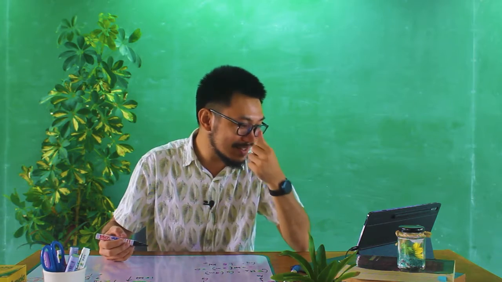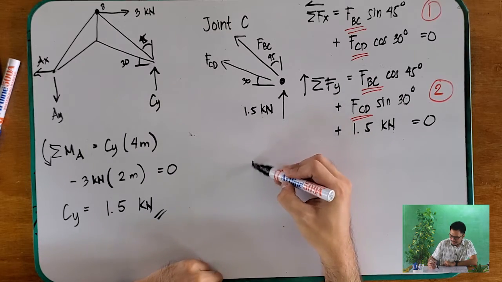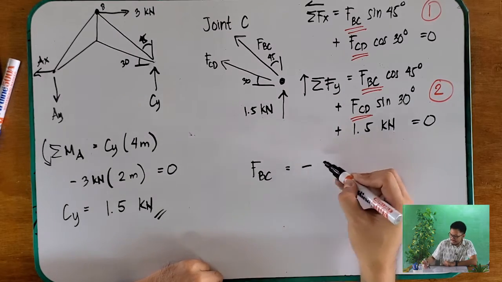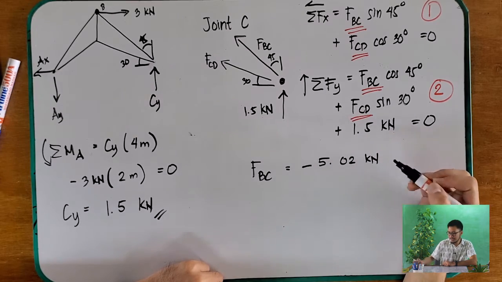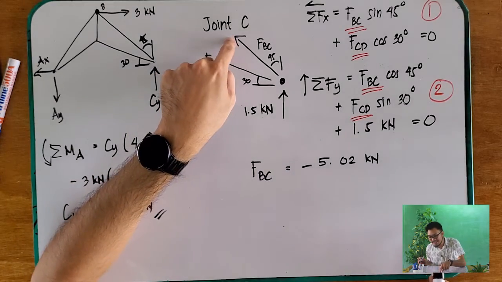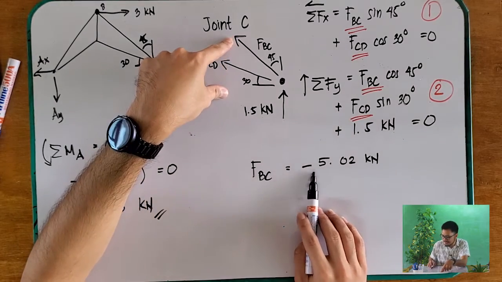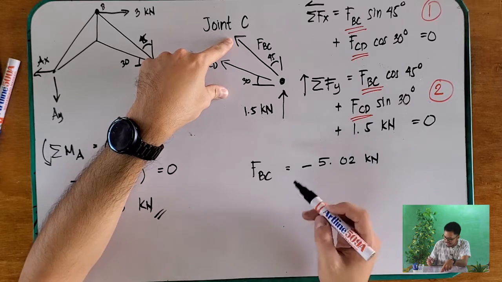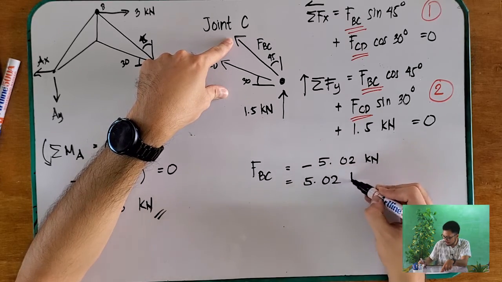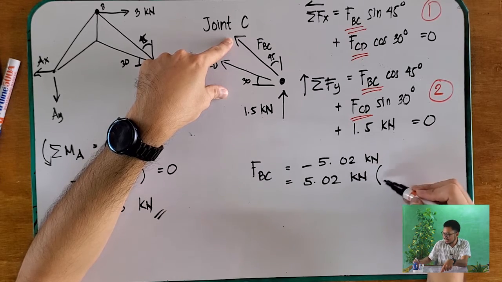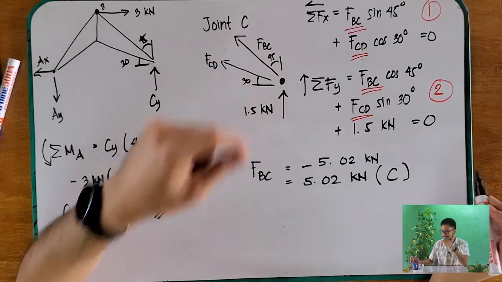Okay. So we can solve for this one by using our calculator, and you will arrive at the answer for our FBC of negative 5.02 kilonewtons. Since we assumed this one as tension and we arrived at a negative answer, we can say that this is 5.02 kilonewtons in compression.